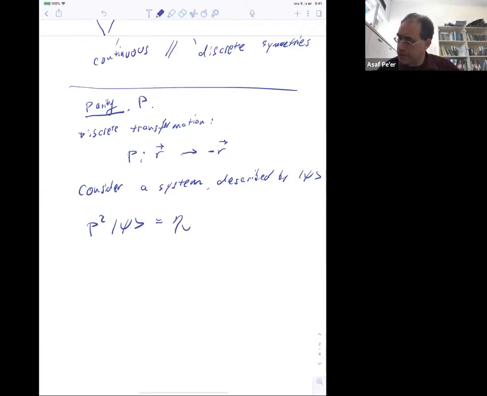So it will be eta squared psi, and this is going to be equal to psi. So I deduce that when I act once with P, it has to be plus or minus eta psi, which is plus or minus 1 psi.